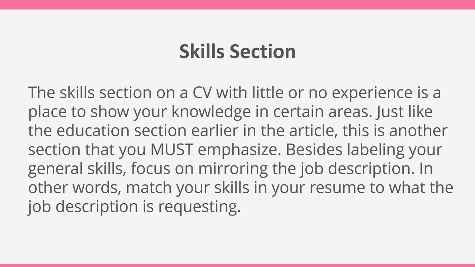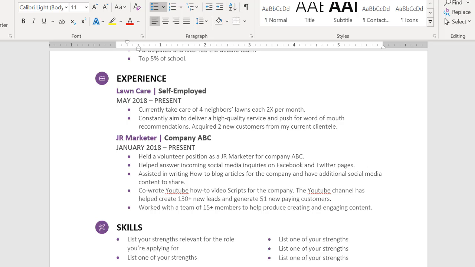Skills section. The skills section on a CV with little or no experience is a place to show your knowledge in certain areas. Just like the education section earlier in the article, this is another section that you must emphasize. Besides labeling your general skills, focus on mirroring the job description. In other words, match your skills in your resume to what the job description is requesting.